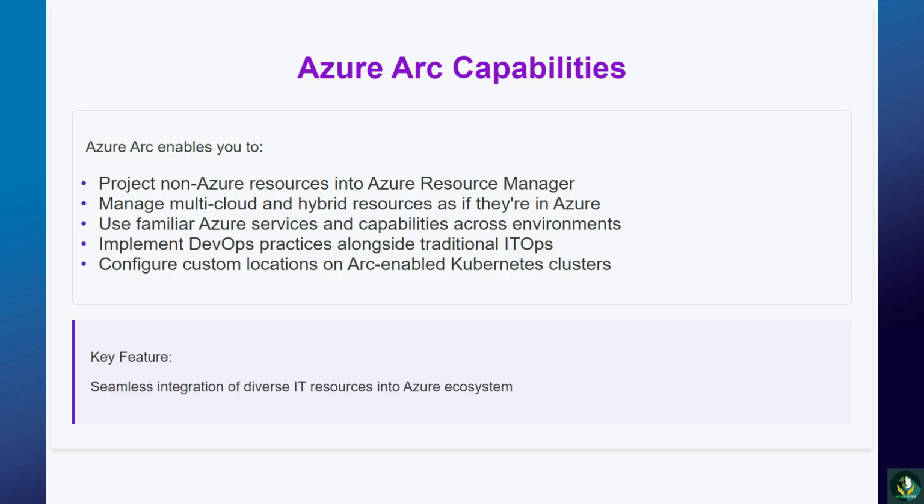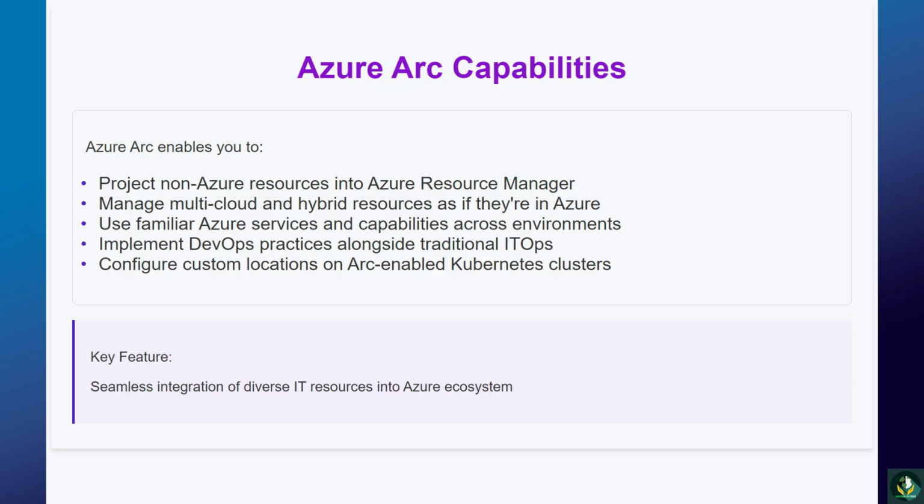Azure Arc also introduces the concept of custom locations, which acts as an abstraction layer on top of Azure Arc-enabled Kubernetes clusters and cluster extensions. This feature allows organizations to deploy Azure services to any Arc-enabled Kubernetes cluster, treating it as a location for deploying Azure resources.